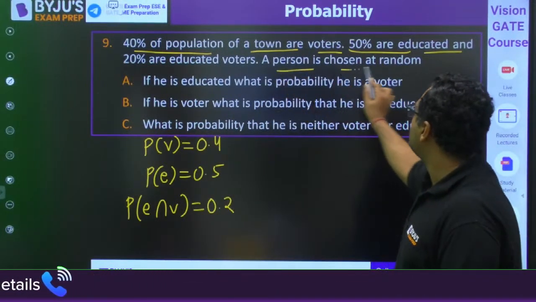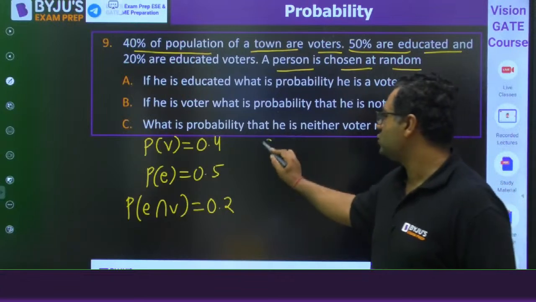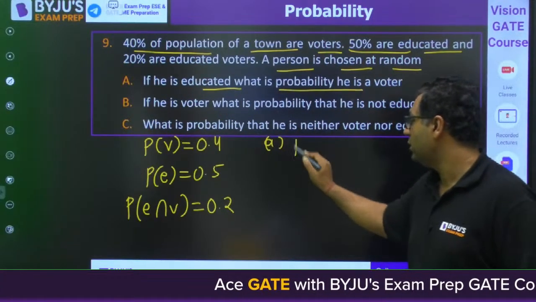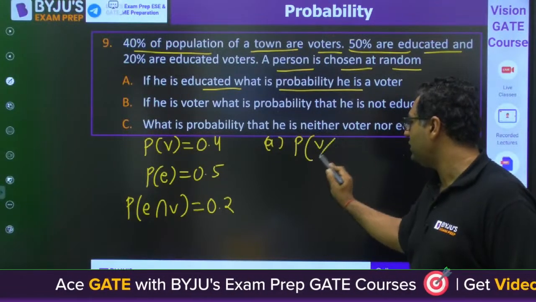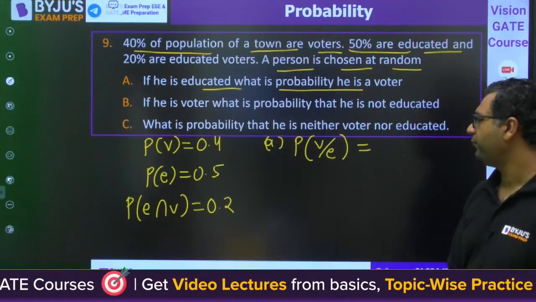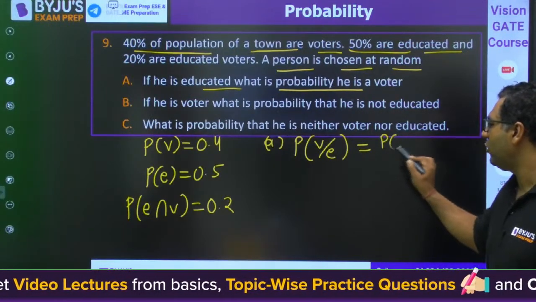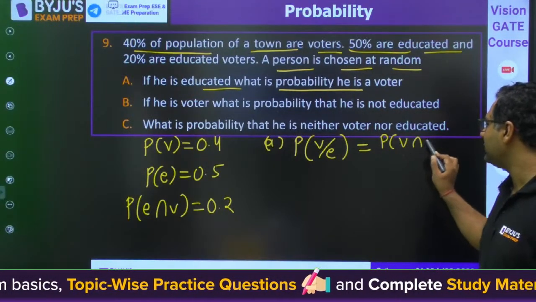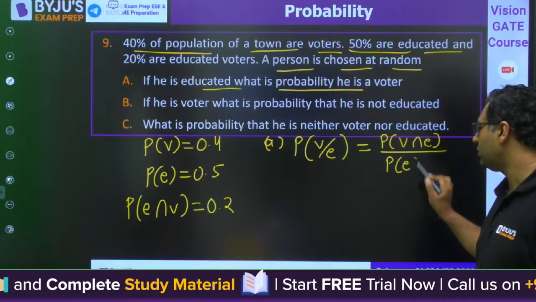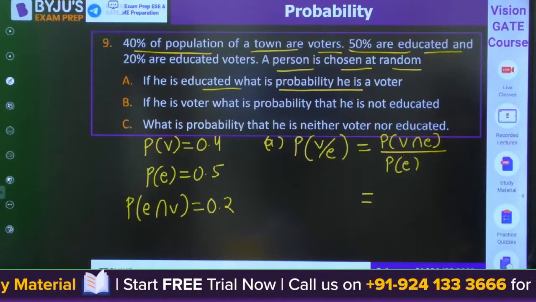A person is chosen at random. First question. He is educated. What is the probability he is voter? So probability of voter if he is already educated. Simply formula based question. You will be having probability of voter intersection educated divided by probability of educated. You can very easily give the answer.